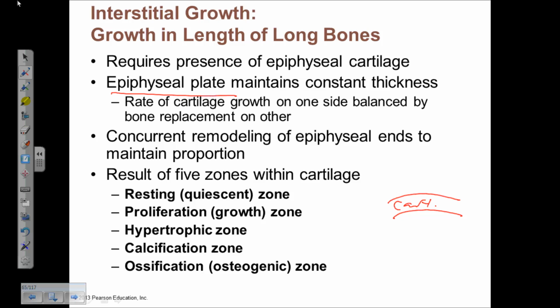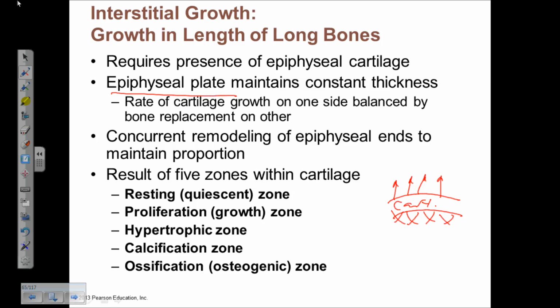And what's important, it will grow on one side. Let's say it grows this way, okay? At the same time, it will be destroyed on the other side. And the rate of growth and rate of destruction balance each other. Does it make sense?